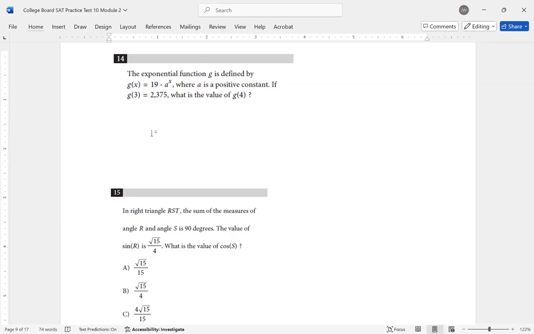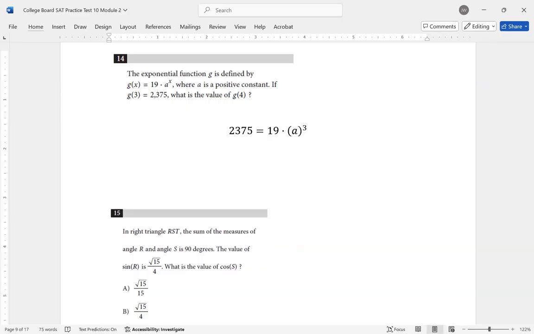So g of 3 is equal to 2375. That means 2375 is what we get out when we have 19 times a raised to the third power. So I need to solve this equation.